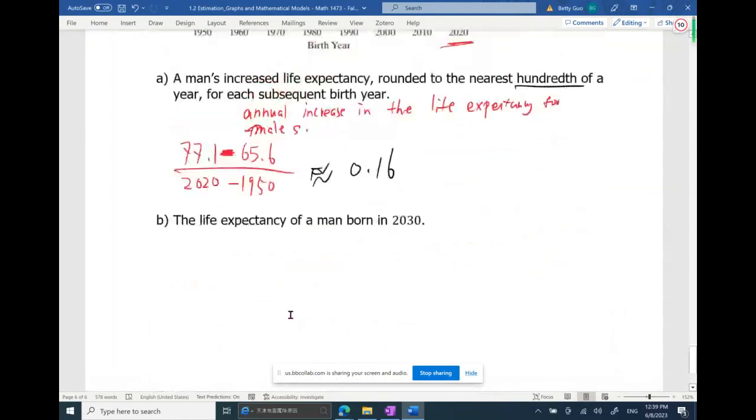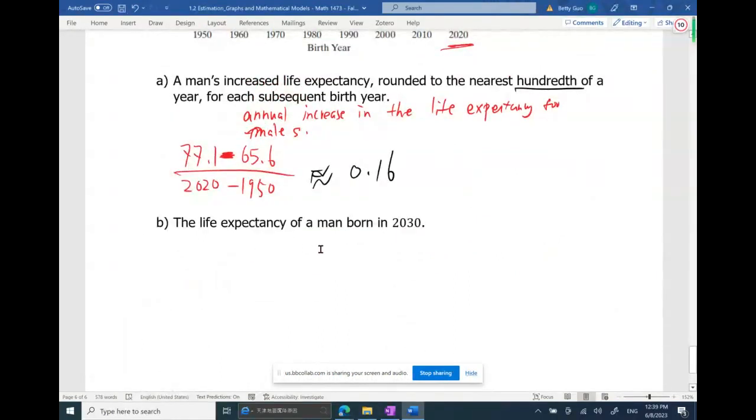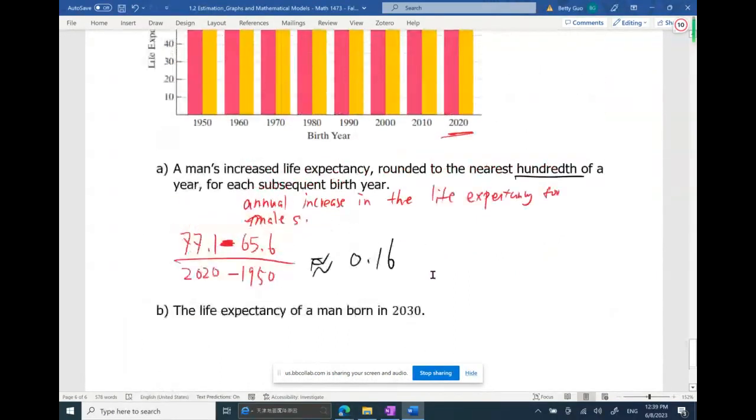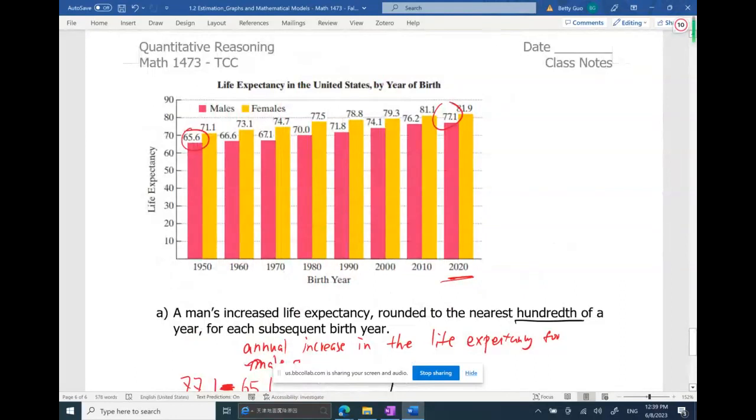Part B is to find the life expectancy of a man born in 2030. Obviously, we don't have 2030 in the graph, right? Yeah, 2030 is in the future. So one important purpose of finding the trend in statistics is to predict.